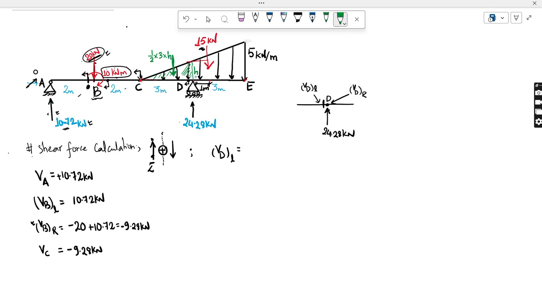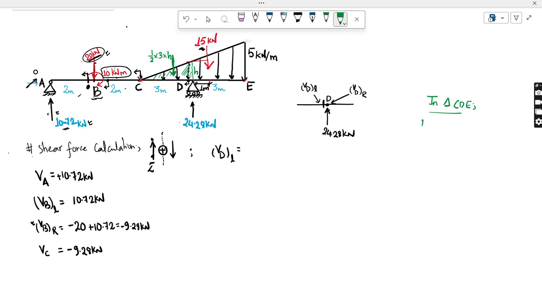Now first I need to calculate the value of h, which I don't know yet. So let me do that over here in the corner, in triangle CDE. In triangle CDE, this big triangle from C to E and this small triangle, which is hatched in green, are similar triangles.